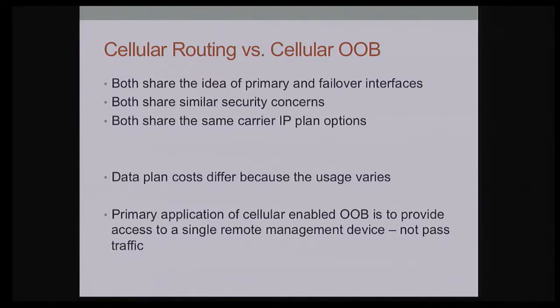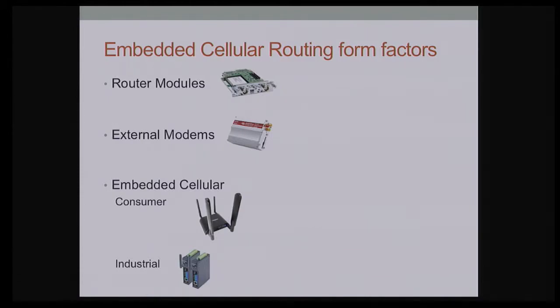Both share the idea of a primary and a failover interface. Both are similar in the security concerns, and both share similar IP plans that you can get from the carrier. But there's differences in how you deploy them, what kind of security policies you'd put in place, and also the costing on the plans.